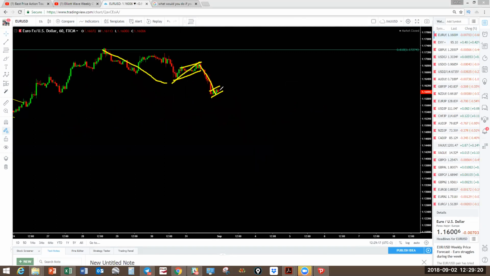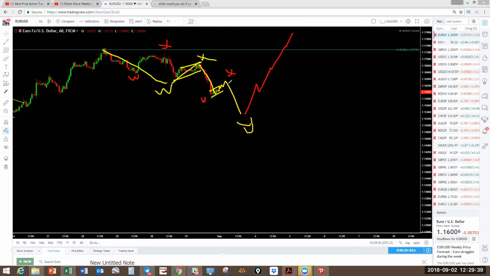Now you've got one, and this could be another one, and then you've got this move here like that. So what will you get there? You're going to get this as a WXY, lower degree, WXY in the higher degree. Possibly after that, then you get that move to the upside. So let's keep an eye and see what happens.